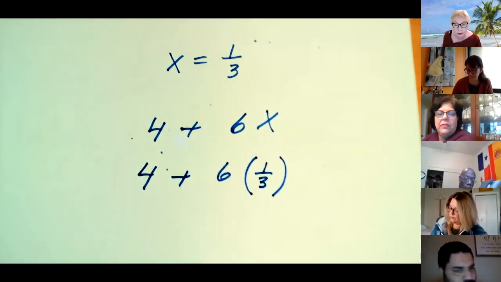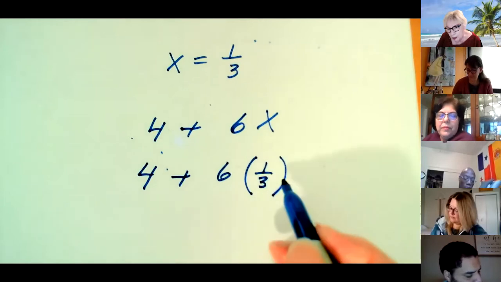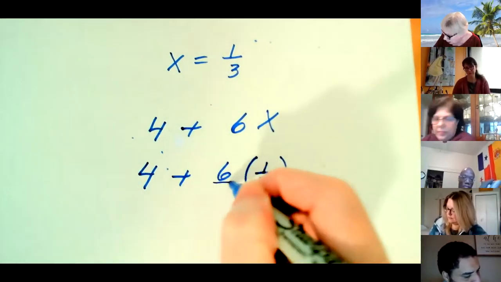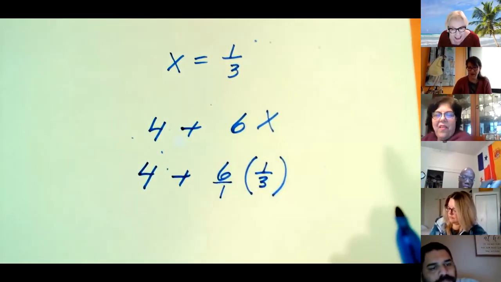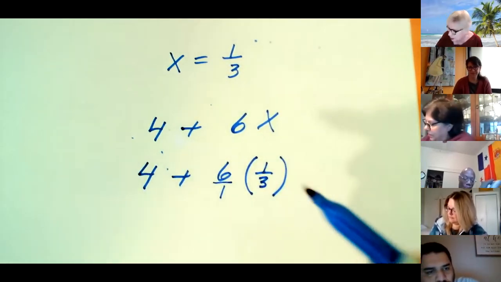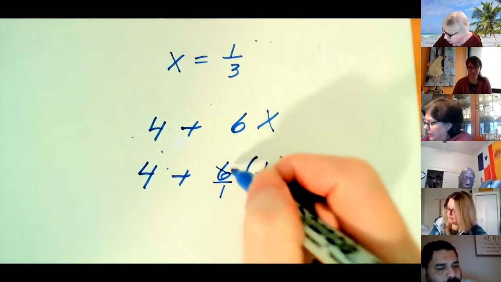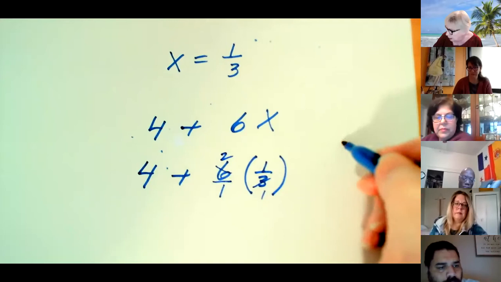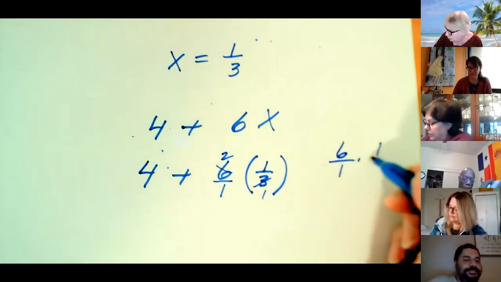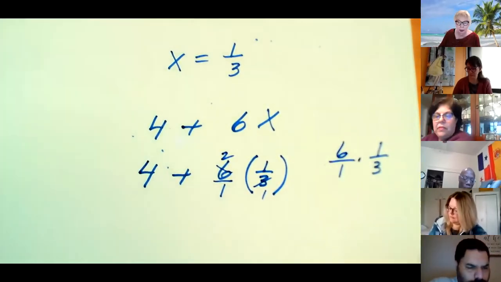It's doable. And then you've got to deal with this first because it's multiply. Notice how I write my 6 kind of high, so it's all kind of ready to go. So the 3 and the 6 could reduce to 1 and 2. So 6/1 times, if you need to write it more properly, like that.